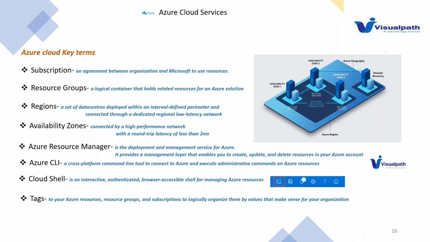And a region is one geographical location. We have multiple regions, and in those regions we have multiple data centers, called availability zones.